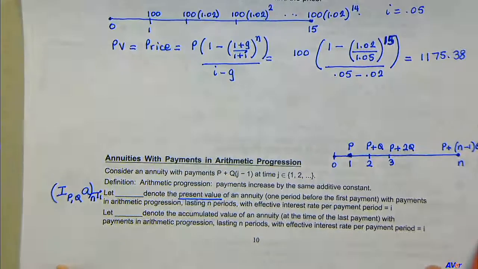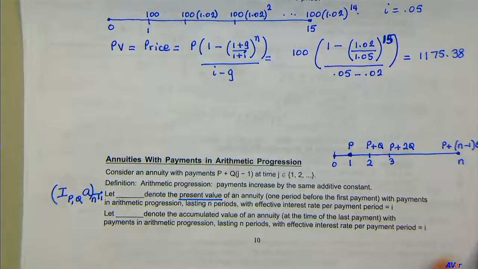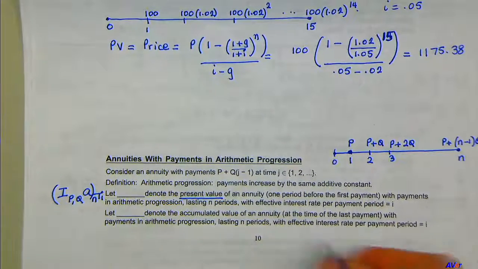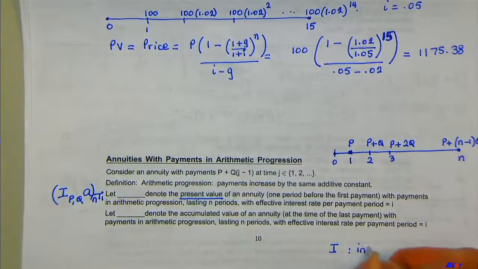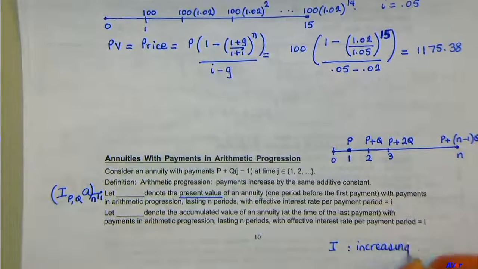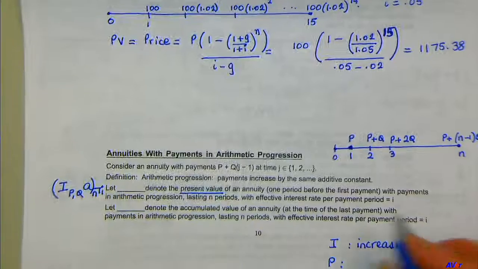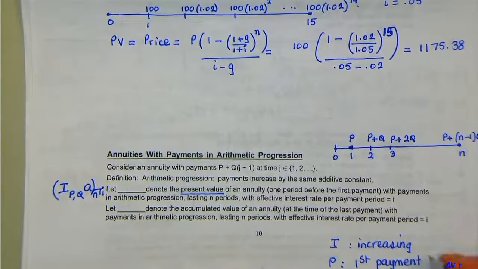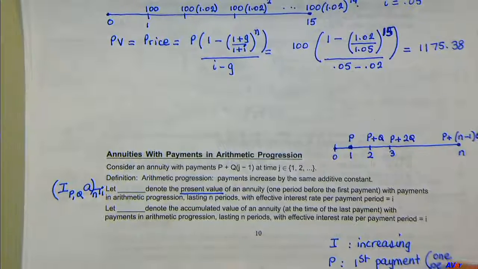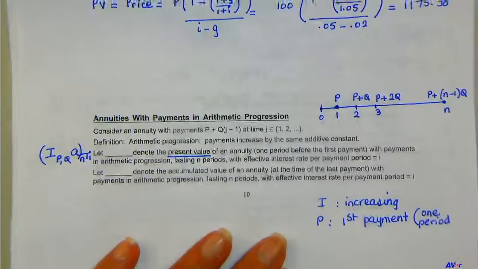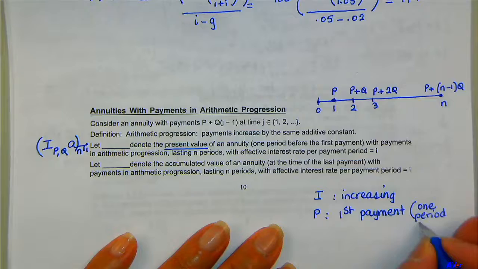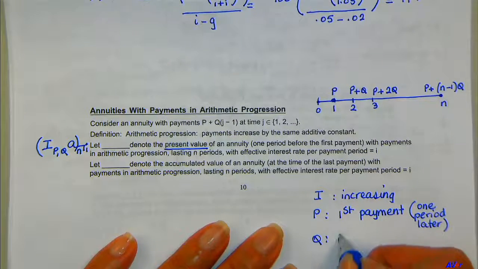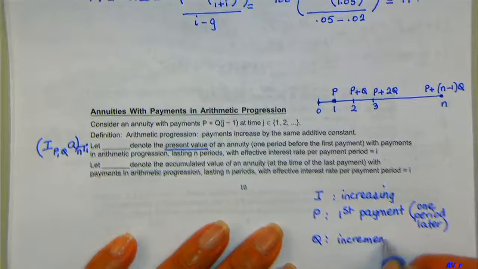Are you with me? Of course. I means increasing, increasing annuity. P is the first payment. And it's one period later, right? You see how the first payment is at 1, not where I'm taking the present value, right? Q is the increment, meaning how much are you adding each time?